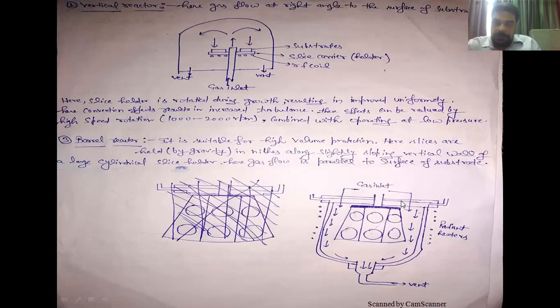Epitaxial layers on many wafers can be simultaneously grown by this method. Venting is also provided here. For heating, radiant reactors are used. So these are three types of reactors that are used in vapor phase epitaxy.